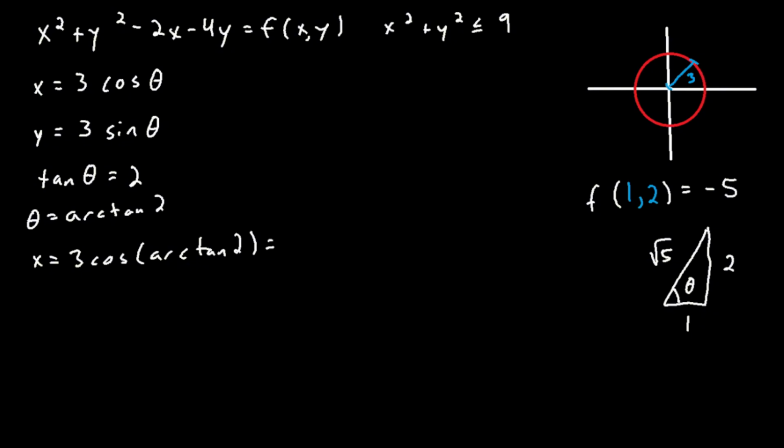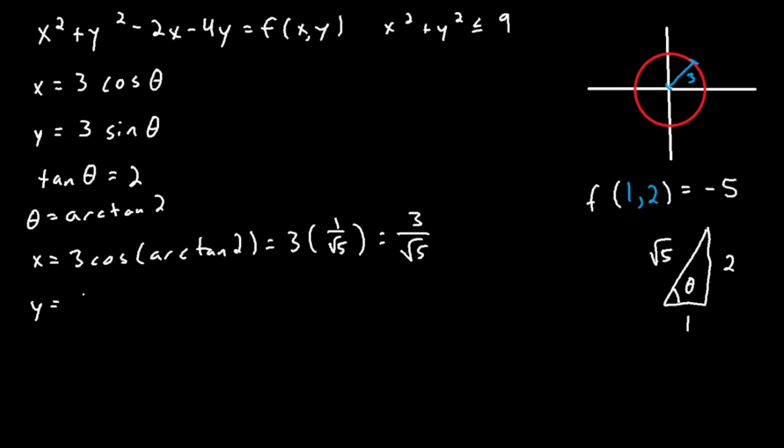Therefore, our cosine will be the cosine of this theta value, which is simply adjacent over hypotenuse, which is 1 over square root of 5. And if you just multiply it by 3, you get 3 over square root of 5. So this is our current x value.